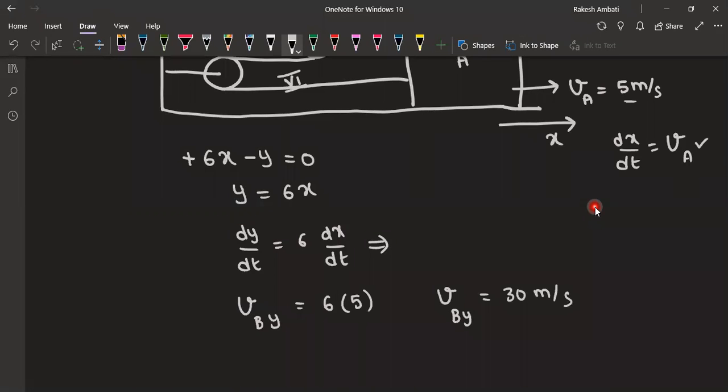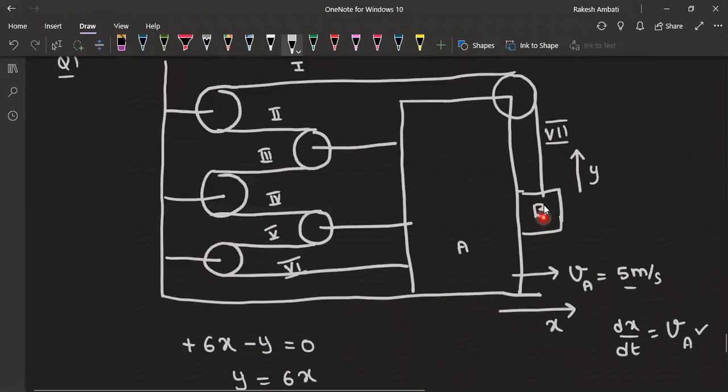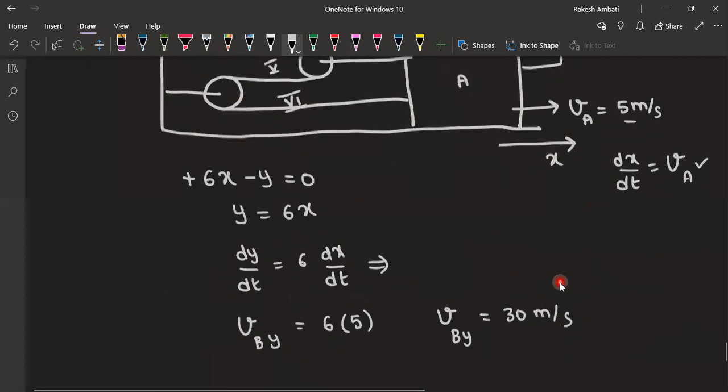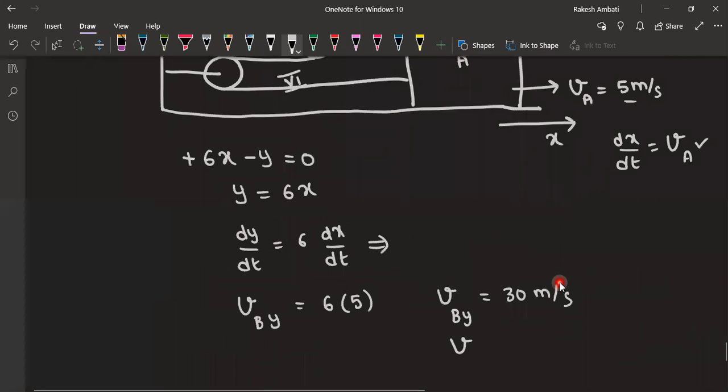But in the question, it is given that this block B is always in contact with A. So if A is moving rightwards, B also has a velocity rightwards. Therefore, block B's velocity in the x direction is equal to VA, that is 5 meter per second.